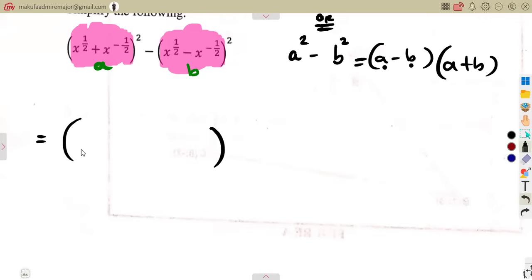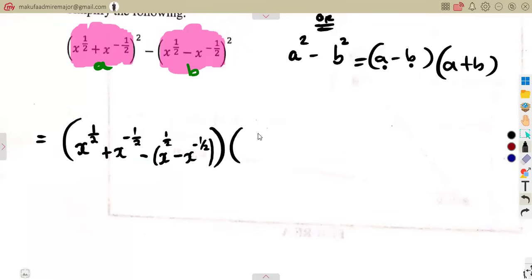So our a is the first bracket as it is, x to the exponent of 1 over 2 plus x to the exponent of minus 1 over 2. This is our a. Minus b, this is our b, x to the exponent of 1 over 2 minus x to the exponent of minus 1 over 2, like this.